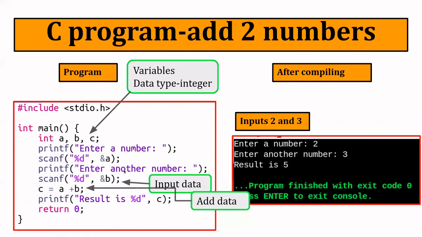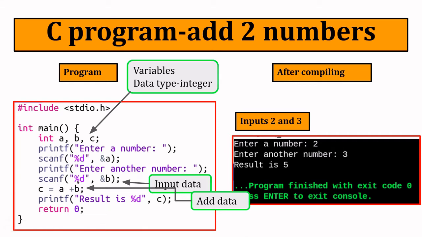If you write enter second number, it will print second number here. The colon sign and the space sign within these inverted commas will also be printed like this. Then scanf means input an integer value.